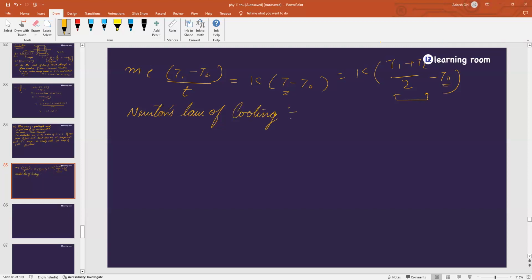Understood? Now we have a question here. A body cools down in 7 minutes from 60 degrees Celsius to 40 degrees Celsius.